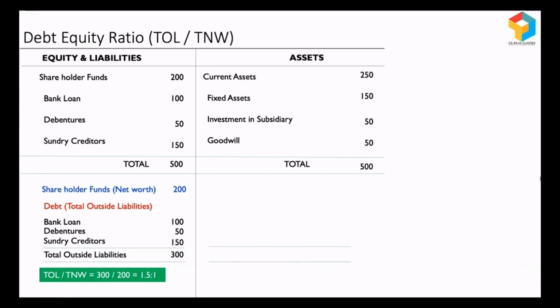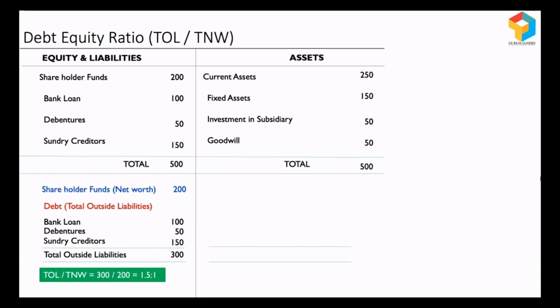It means there should be 25% contribution. Now if you look at this ratio, it is 1.5:1. It means if this business is raising 2 rupees 50 paise, of which 1 rupee 50 paise is coming from outsiders, then outsiders are contributing 60% and owners are contributing 40%. So this looks like a wonderful ratio.